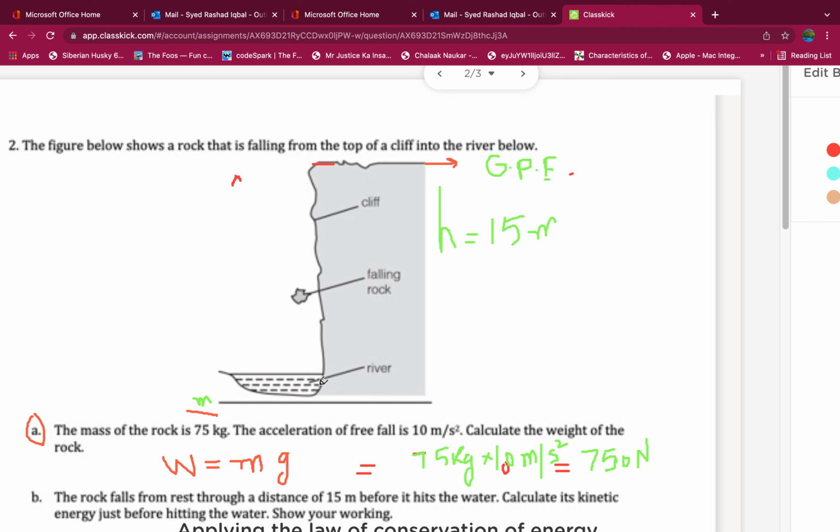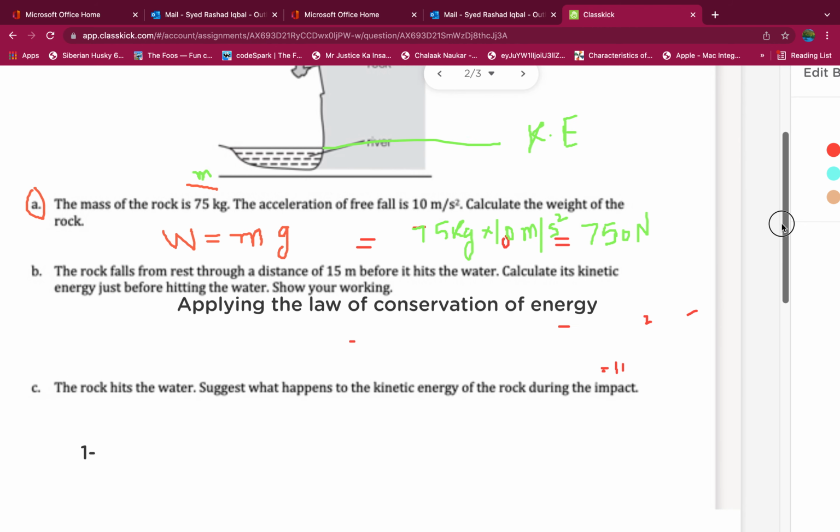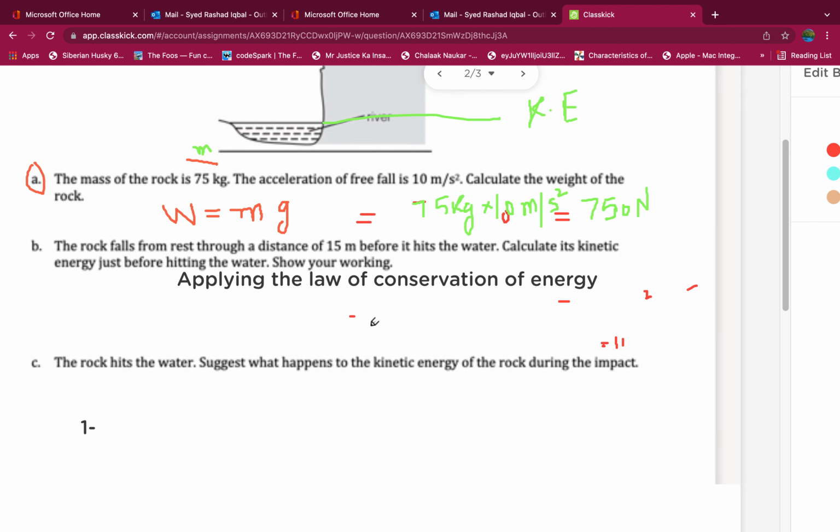Whenever it falls, before hitting the river, it is moving. Here all this potential will change into what form? Kinetic energy. This is a transfer of energy. But the total amount of energy will remain the same according to the law of conservation of energy. So we can write that kinetic energy at the bottom is equal to gravitational potential energy at the top. Both values are the same.